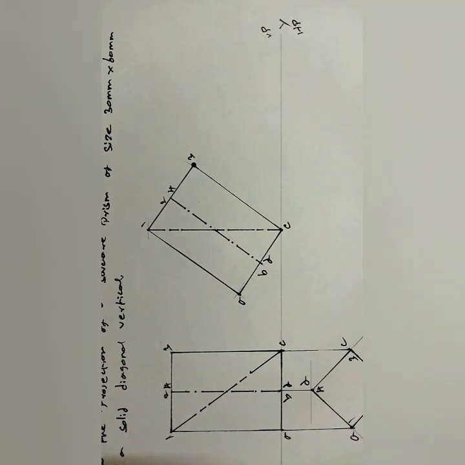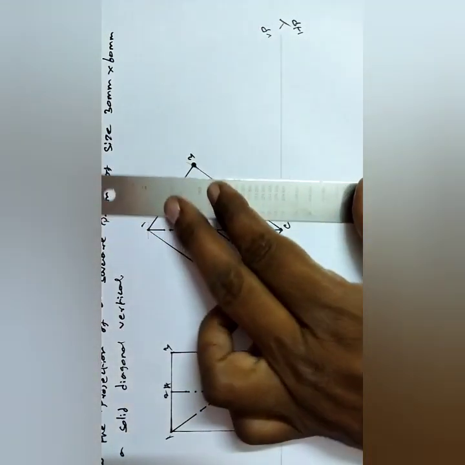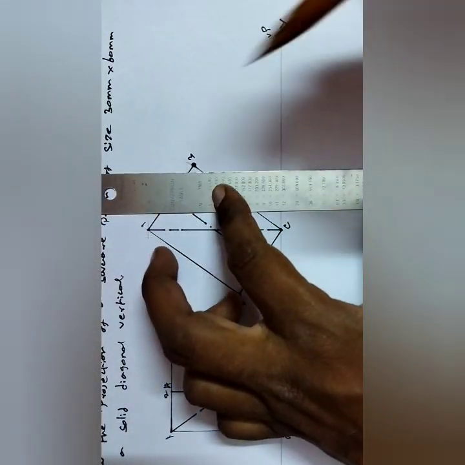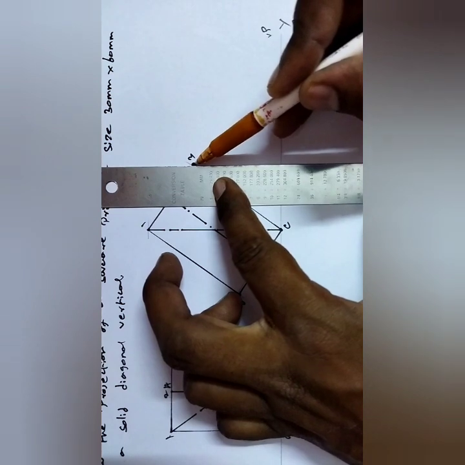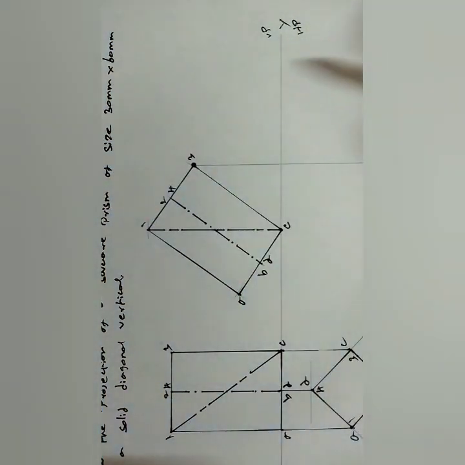The next step is to project these points downward, in the horizontal direction from the first stage.